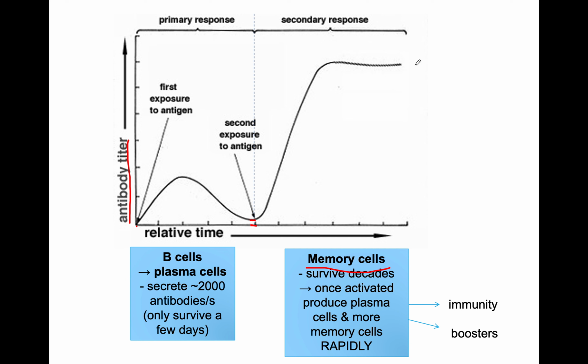Now, if we think about the vaccination program for COVID, we're all advised to get our first and second and then booster vaccinations. And that's applying this principle. So with the first exposure, you will have some immunity and you will have some memory cells that remain in the blood after your first vaccination. With the second vaccination, the number of antibodies that remain in the blood might be even higher.